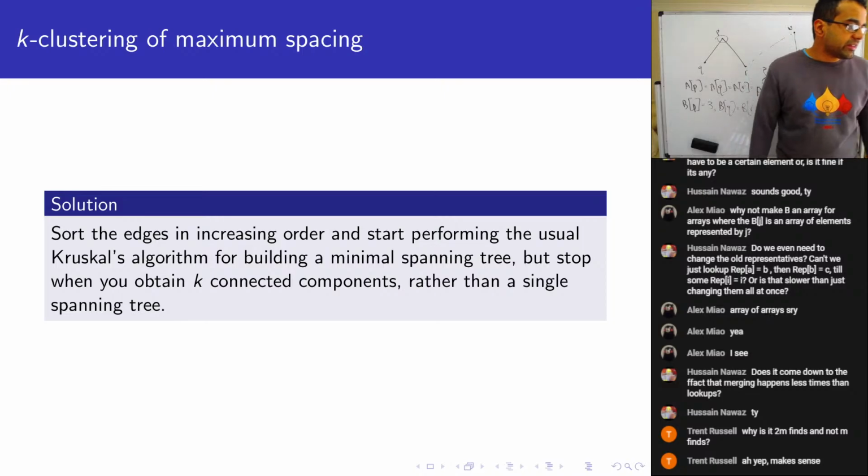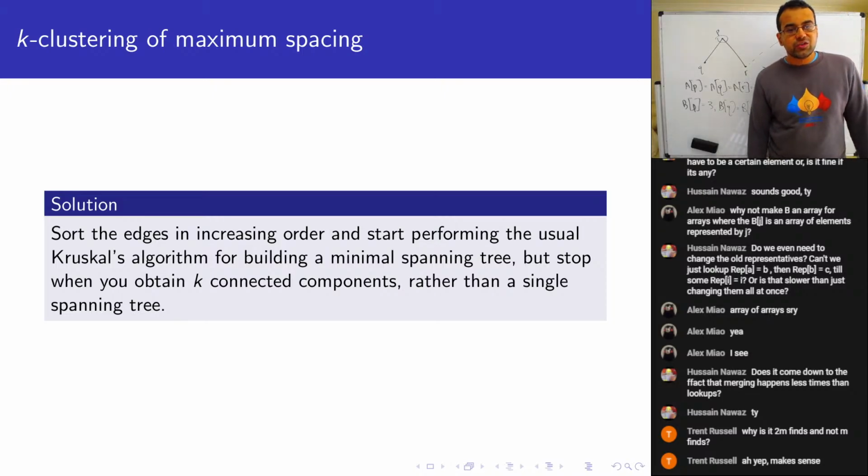And it turns out that all you have to do is do Kruskal's algorithm, but stop before you get to the end. So Kruskal's algorithm builds a forest where initially there are n many isolated vertices, and you start making small trees as you go, and eventually these all get combined into one tree. All that's required to solve this problem is you stop when you have k connected components rather than only one. So you add k minus 1 fewer edges.